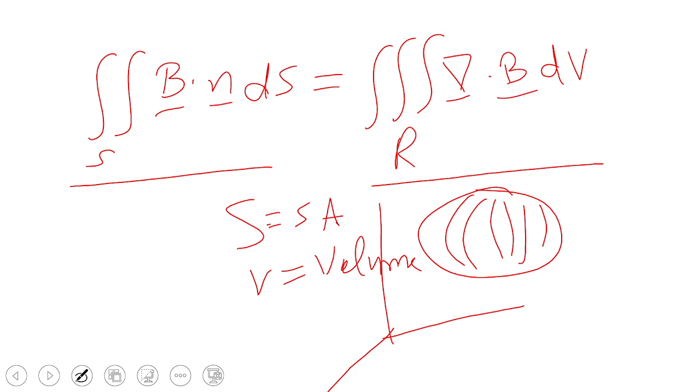So, the divergence of B integrated over the whole volume on the right side is equal to the surface integral of B in the direction of the normal n on the left side.